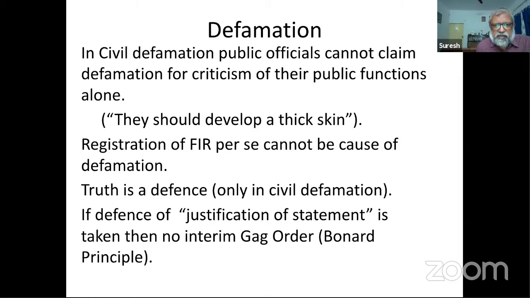The key principles alone say that a public official cannot claim defamation for criticism of their public functions, because it is their public function to deliver or to administer, on which people may have differing opinions.